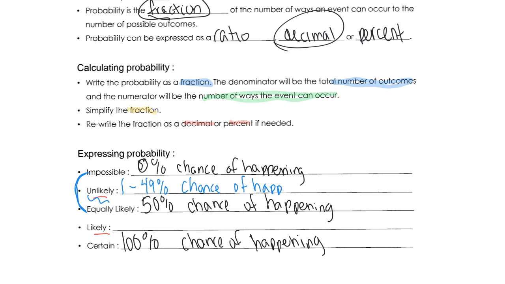So it probably isn't going to happen, but it could. It's just unlikely. And then likely falls between equally likely and certain. So it falls between 51 and 99% chance of happening.